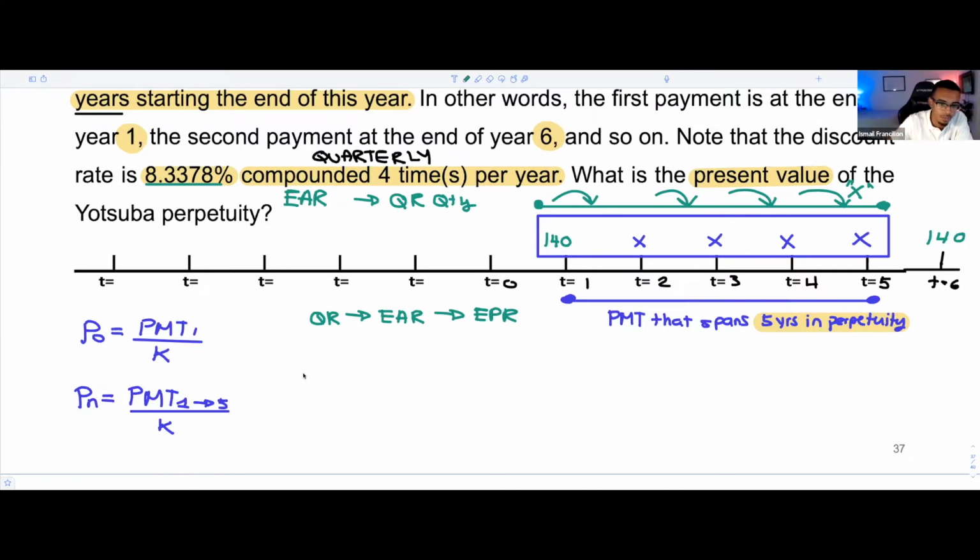So in this case, we're going to solve for EAR. And I'm going to ask you all to tell me what that is. So you're going to have 1 plus this percent divided by 4, to the power of 4, minus 1. Can somebody tell me what our effective annual rate is?